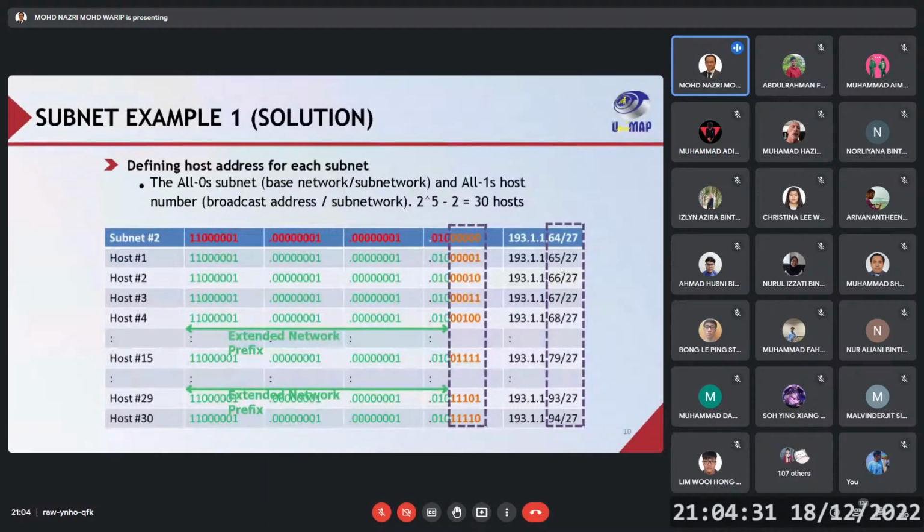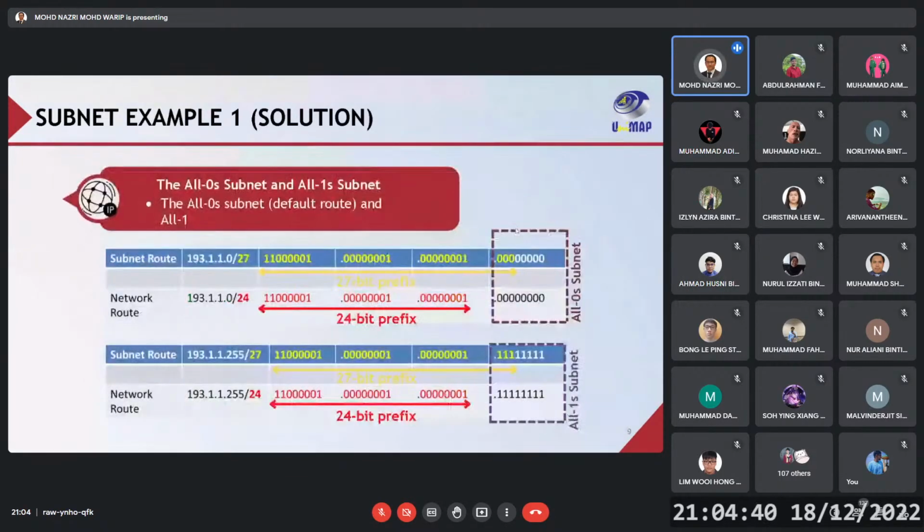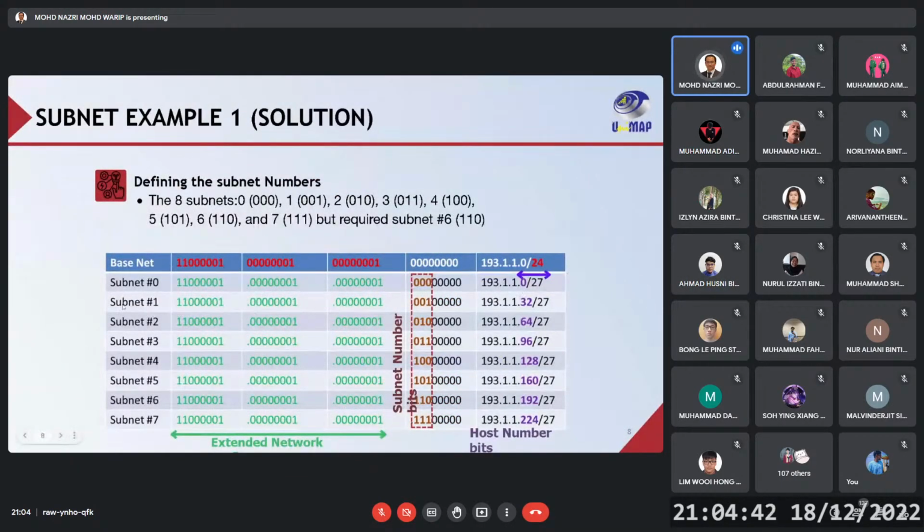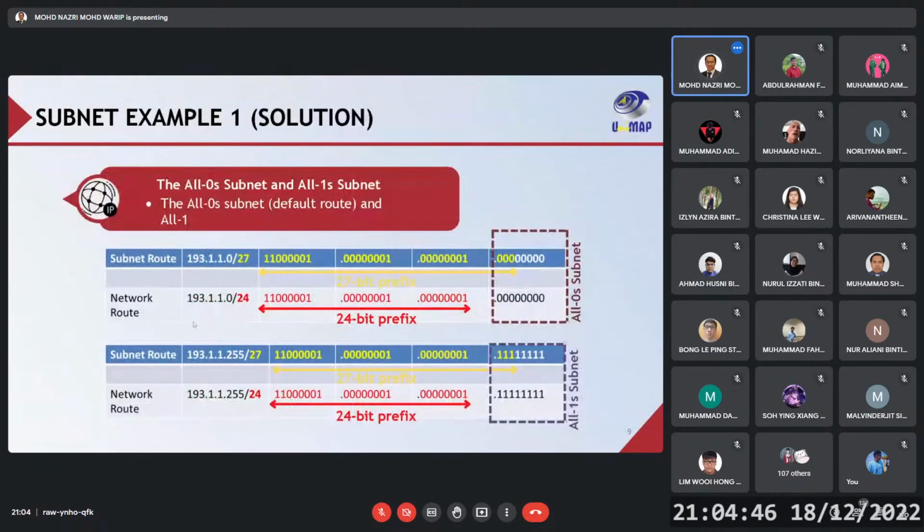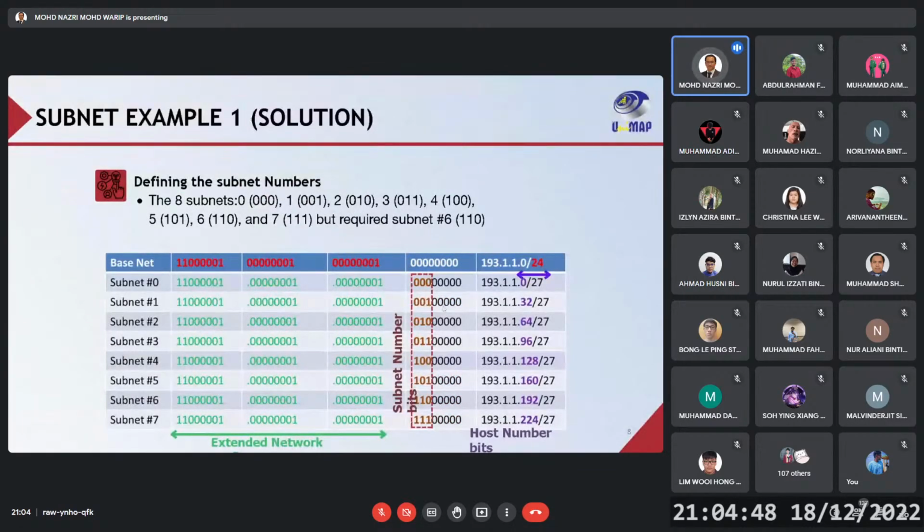Okay. Same for this case, let's say we take subnet 2. Remember subnet 2. This is subnet 2, 64. Subnet 2, branch number 2. This one, can you see? Yes.